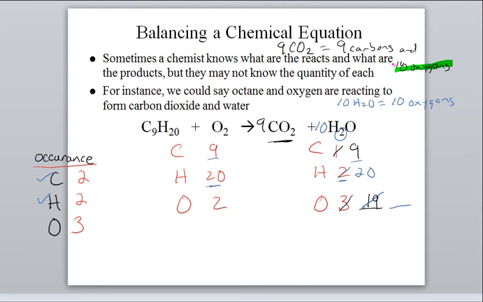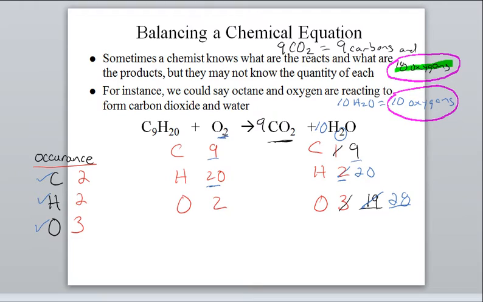How many oxygens do we have? Well, we still have the 18 from 9 carbon dioxide molecules, and we have 10 from the 10 water molecules. So 10 plus 18 is 28. So now we have the same number of hydrogens on both sides. Oxygen is next, and we've saved it for last. Currently, we have too many oxygens on the product side, 28.